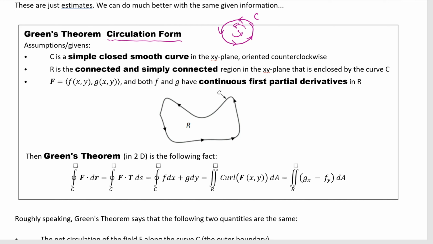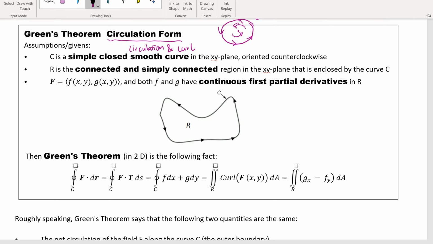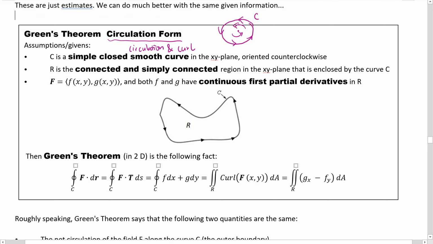And we have the flux form, which we'll talk about later.